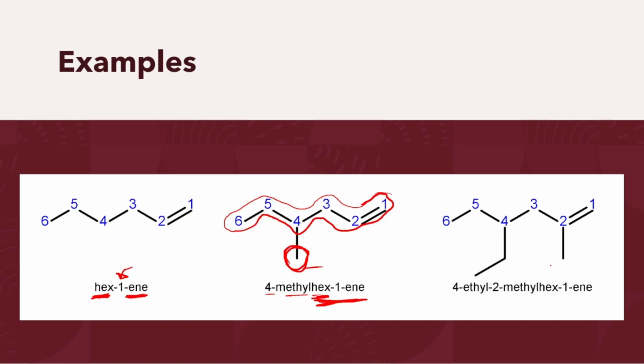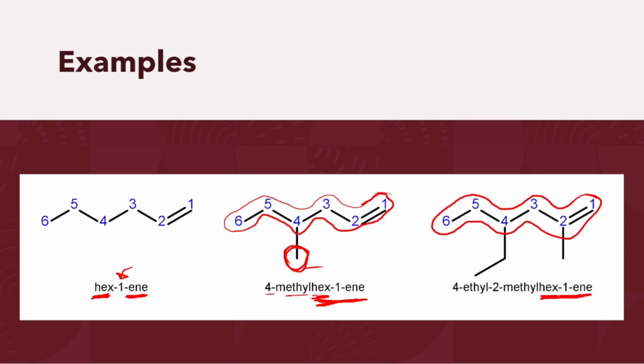In the third example, the longest carbon chain is that one, which contains 6 carbons. So the mother compound is hex. We have at carbon number 1 a double bond, so we will write the mother compound as hex-1-ene.